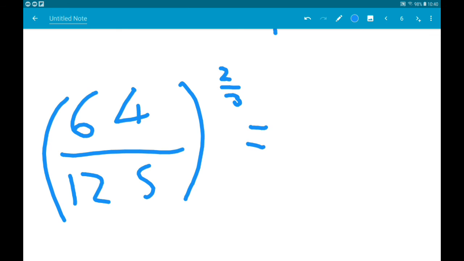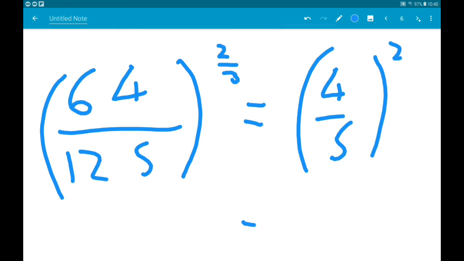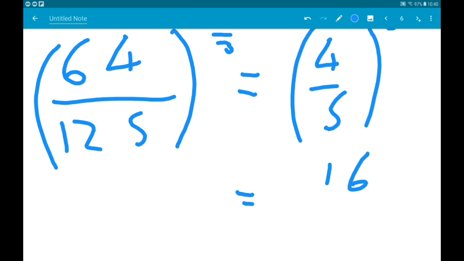So that's going to give us 4/5 to the power 2, which is 16 over 25.